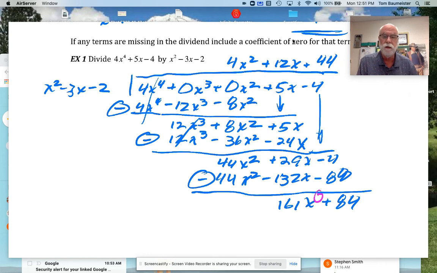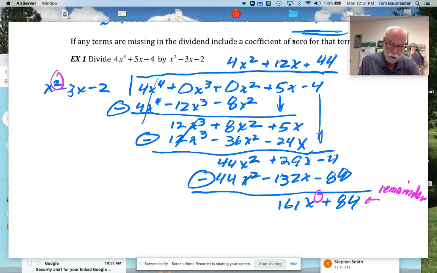Now, look at this. That's a coefficient of 1. This one here in our divisor is squared. So once we have it less than what the divisor is, we can be finished. So that would again make this our remainder. So again, we're going to put that over the divisor.